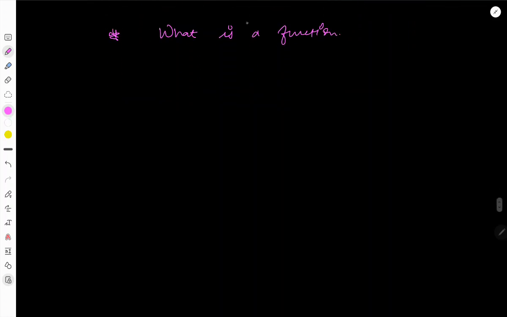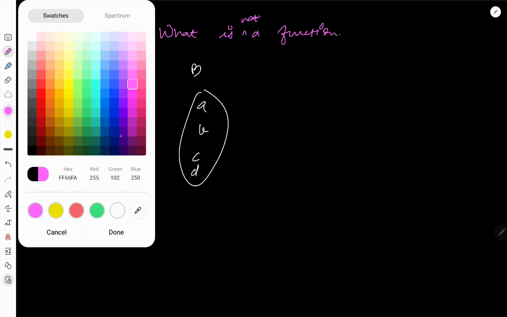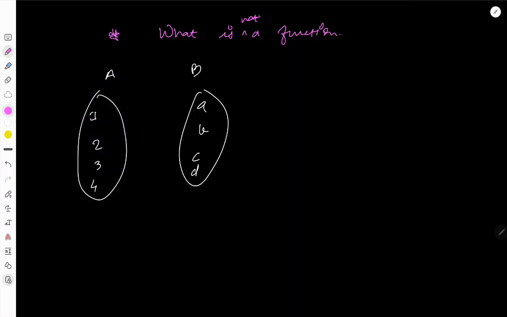So what is not a function we shall decide, because everything else is a function. So let me take set A again, 1, 2, 3 and 4. Then set B of A, B, C, D. And if I start to connect them like this, watch carefully how I'm connecting them.